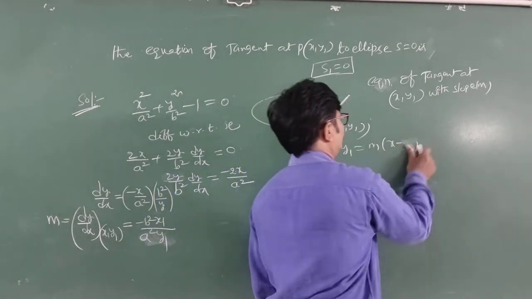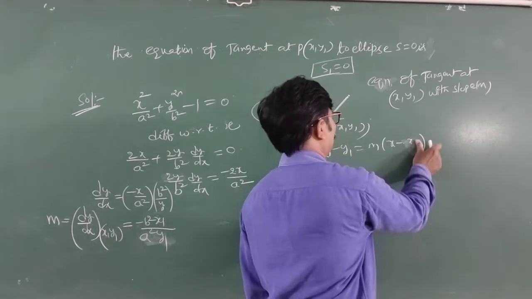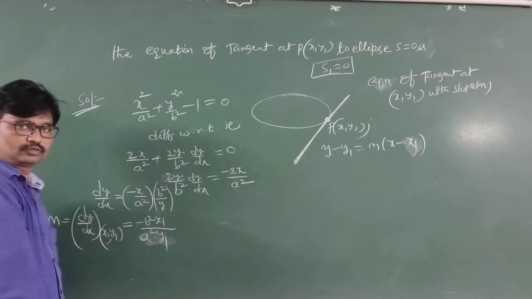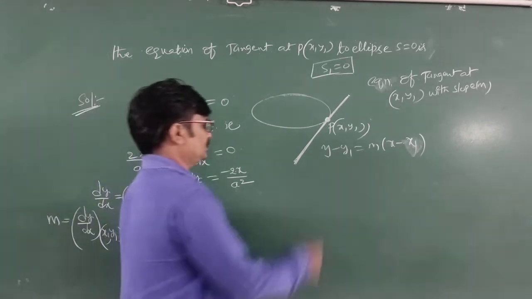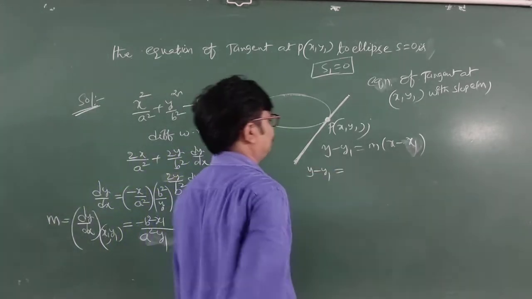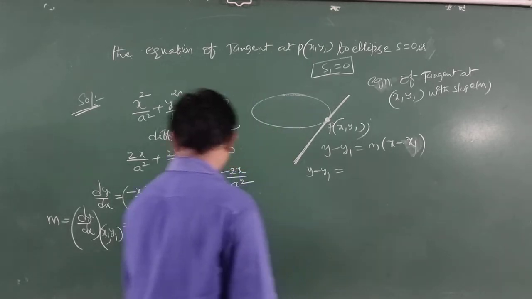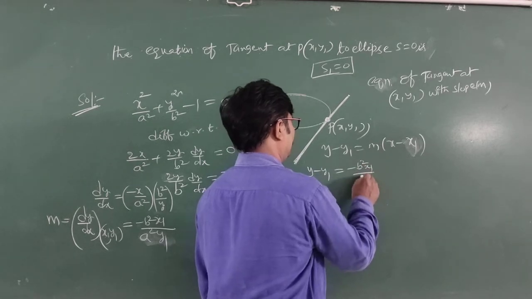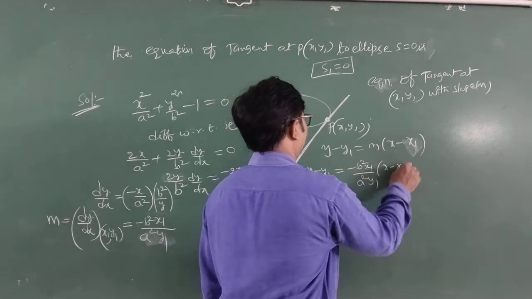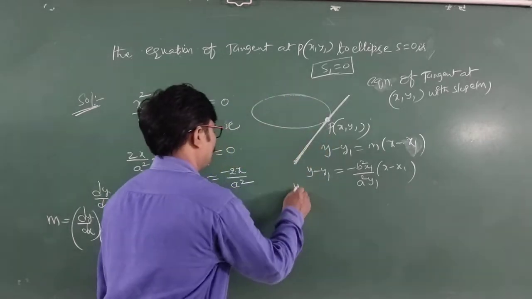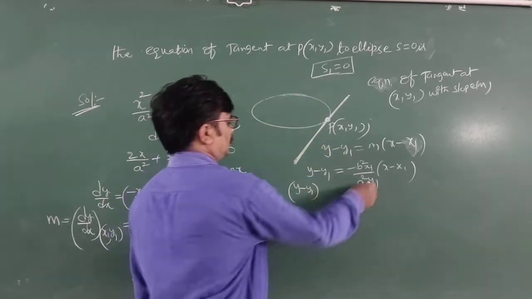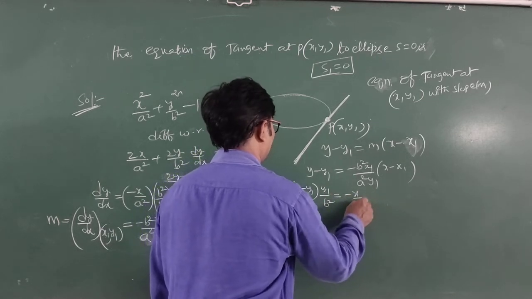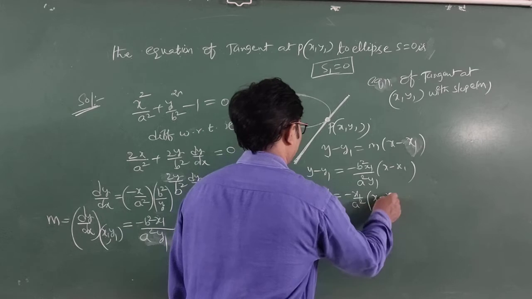The dy by dx at P is the slope of the tangent. So y minus y1 equals minus b square x1 by a square y1 times x minus x1. Now y minus y1, with y1 upon b square, gives minus x1 by a square times x minus x1.